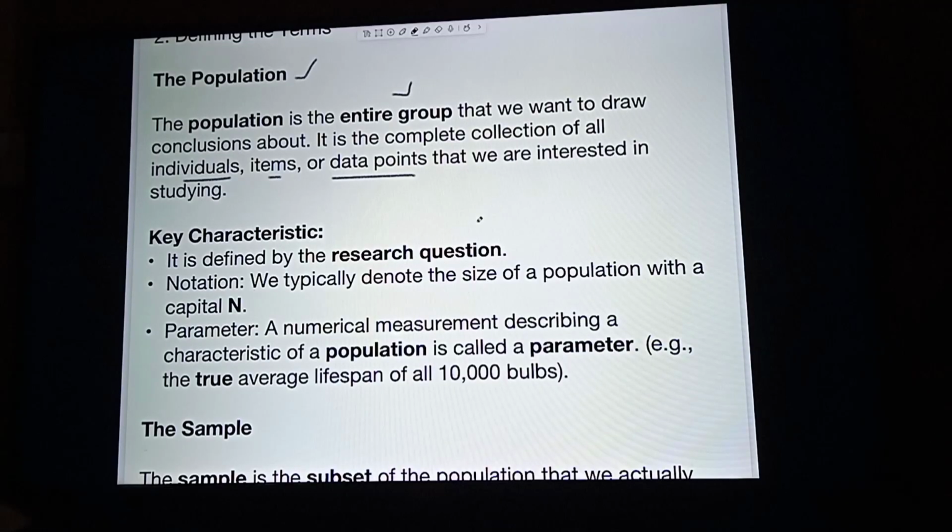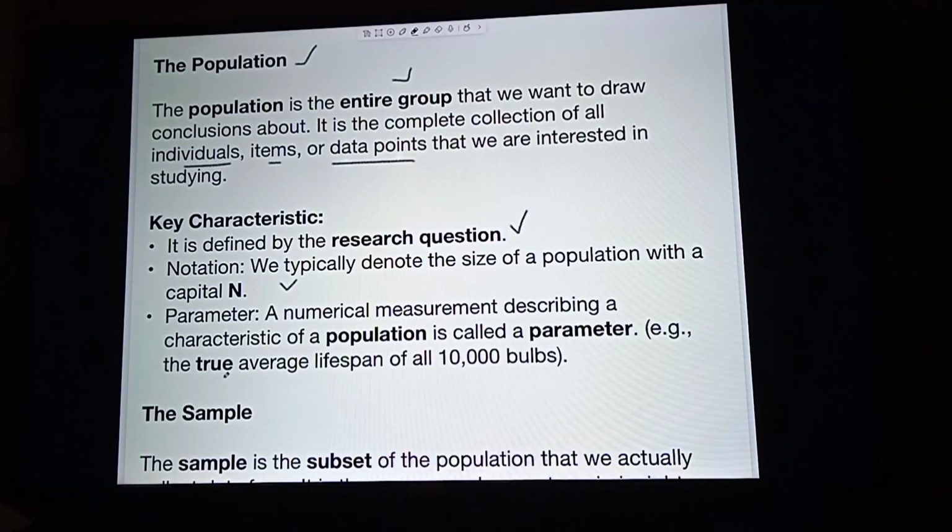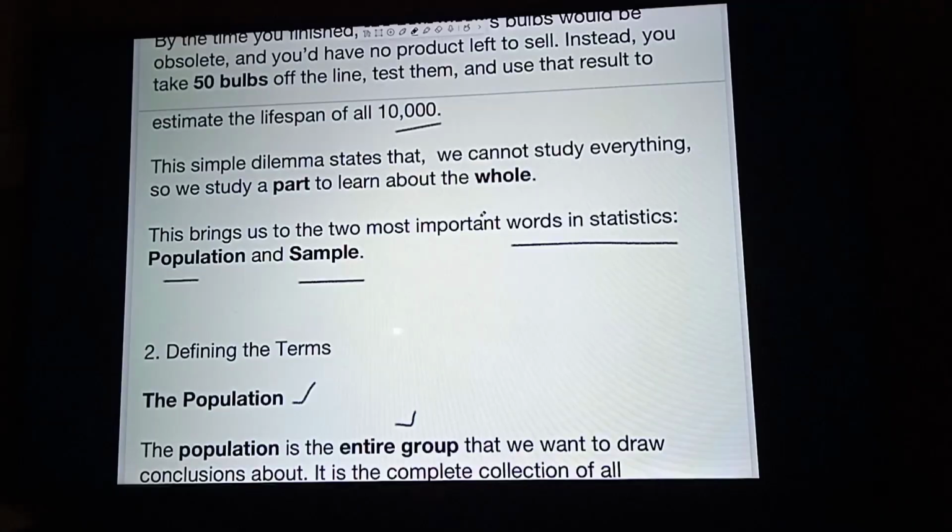So the key characteristics include, it is defined by the research question. We typically denote the size of the population with capital N, and it uses a parameter, whereas a parameter is a numerical measurement describing a characteristic of a population. For example, the true average lifespan of all 10,000 bulbs in the above case.